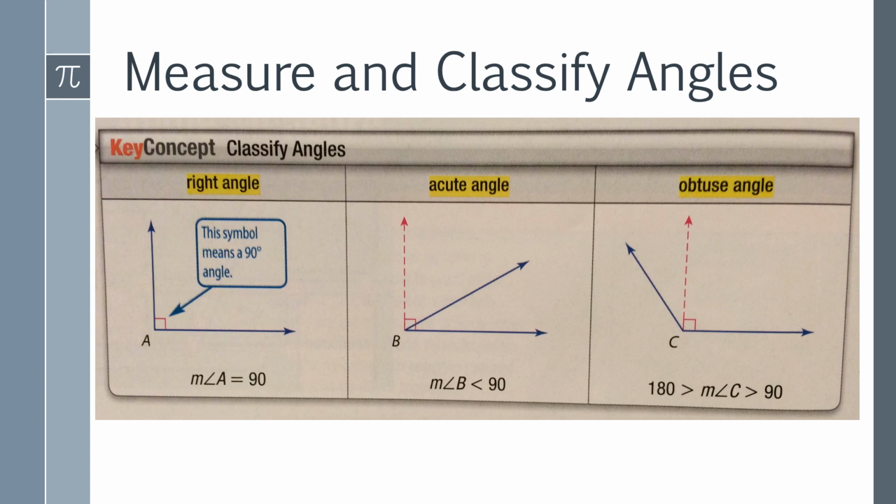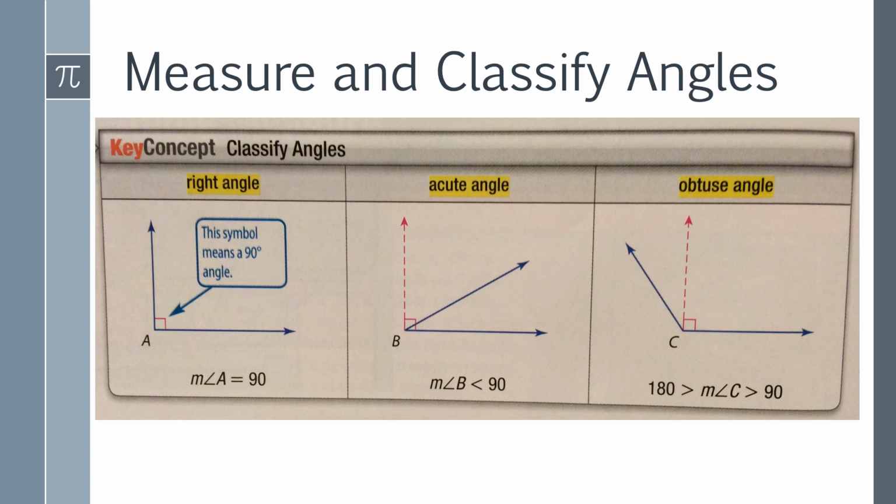A right angle always has a measurement of 90 degrees. An acute angle always has a measurement less than 90.